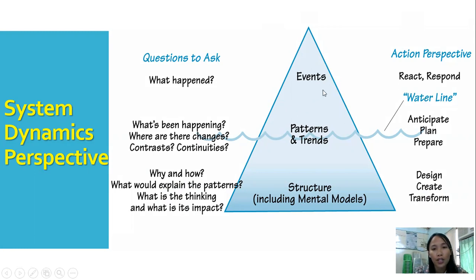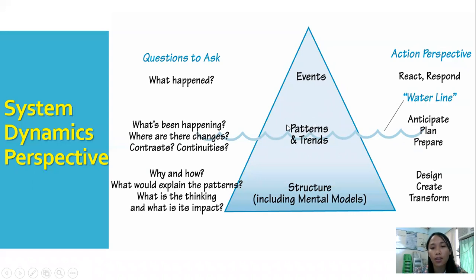Now, the systems perspective tries to go down deeper. It should ask what's been happening. Where are there changes, the contrasts, and continuities? When you go down, there are those rarely seen ones that affect these events.